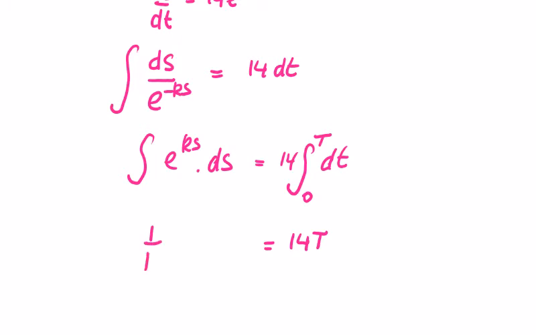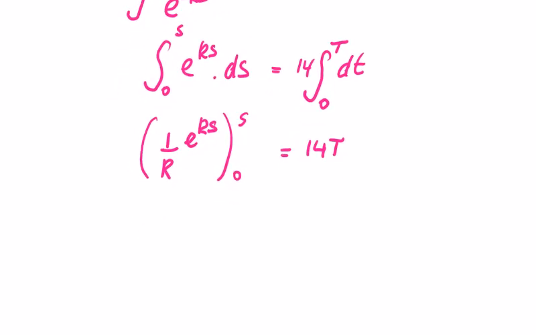This integrates to be 1 over k e to the power of Ks. And we're looking for S between S and 0. So that's going to be 1 over k e to the power of Ks minus 1 over k e to the power of 0 is equal to 14t.